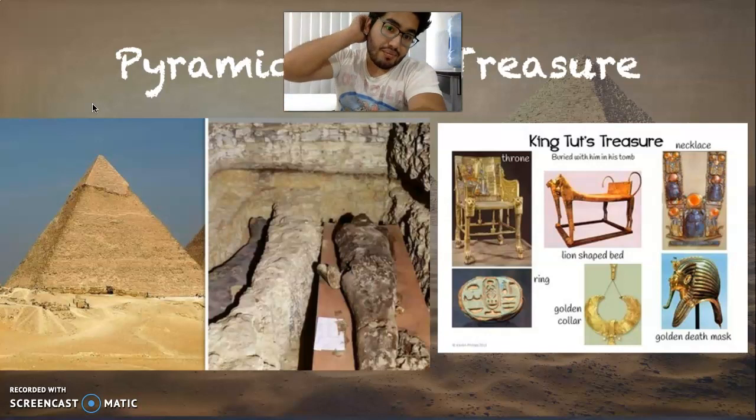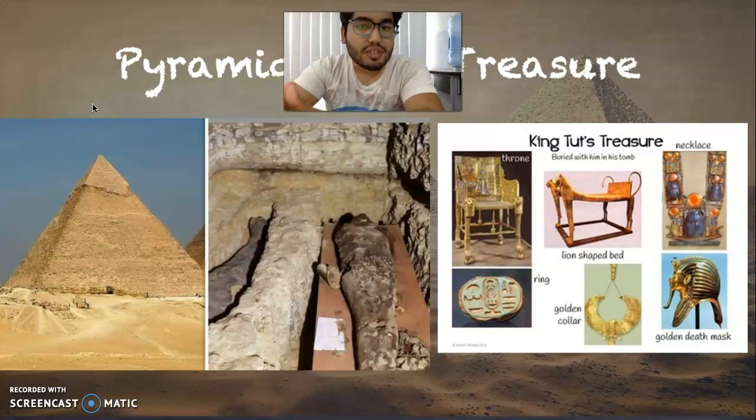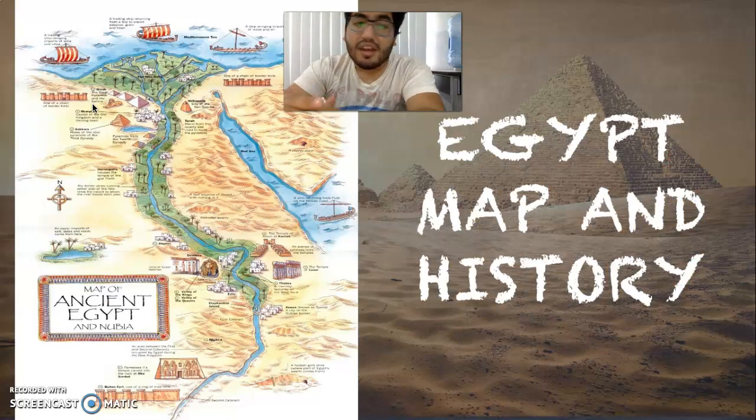We learned that the pyramids were used as tombs, and the kings were buried with their treasures. And we saw that they were here in the map in the north of Africa, northwest or northeast. I think northeast of Africa.